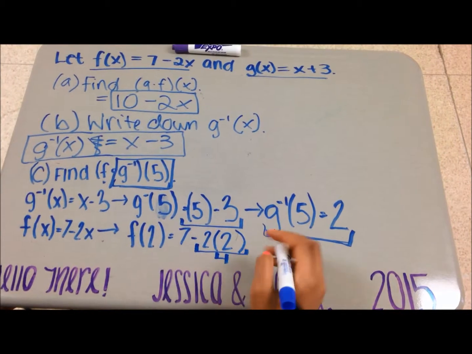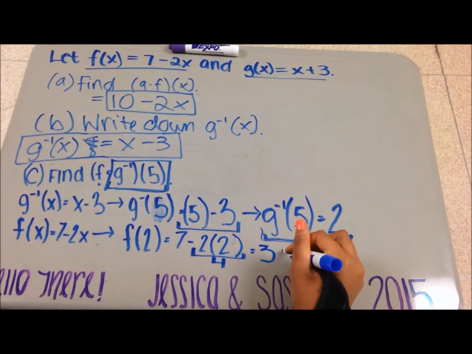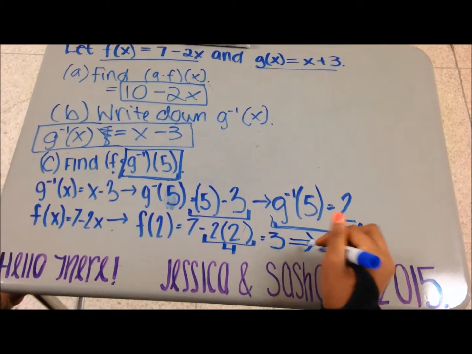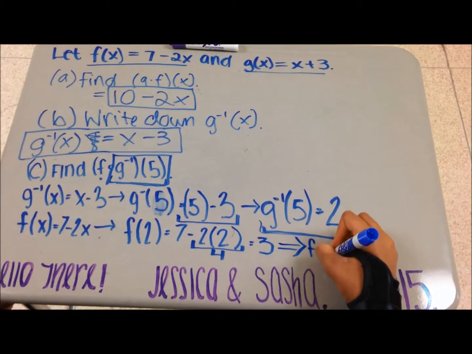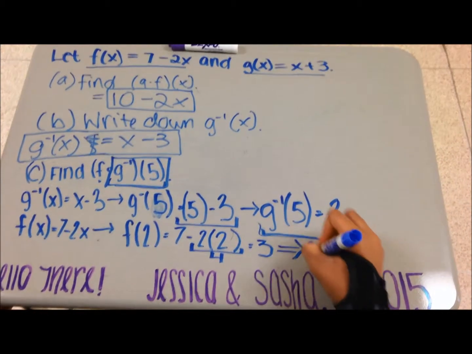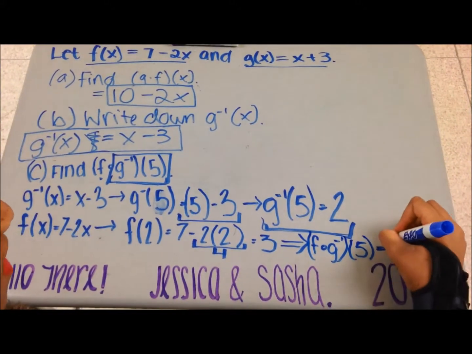So we have 7 minus 4 equals 3, which leaves us with f of g inverse of 5 equaling 3.